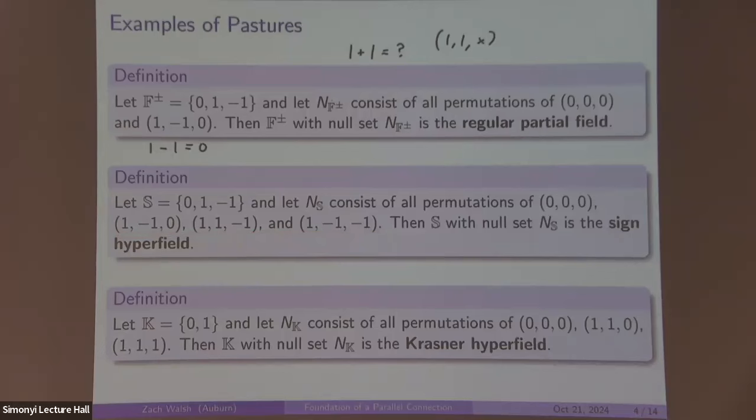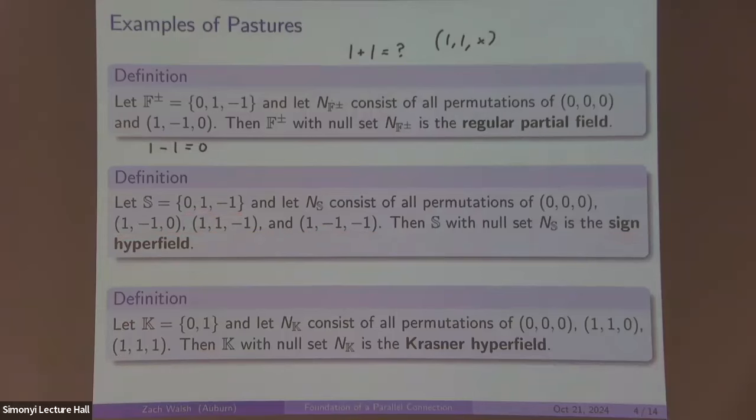I'm basically putting in any triple where I have elements with different signs, 1 and -1. This set with this set of triples is a pasture, satisfies the four properties from the last slide, and is called the sign hyperfield, the hyperfield of signs.